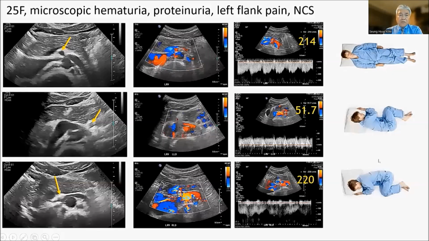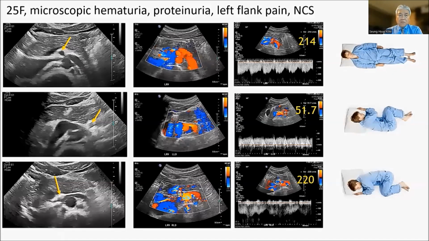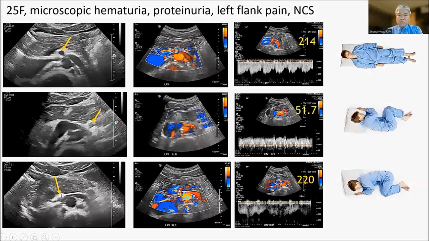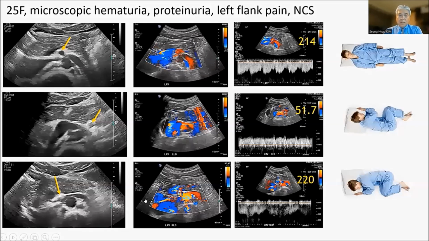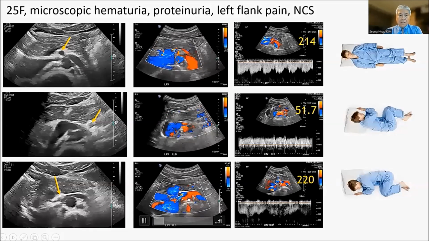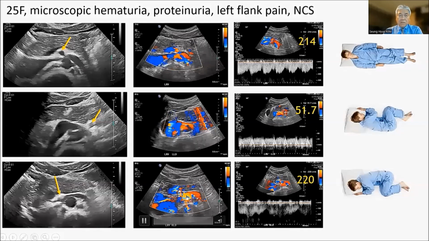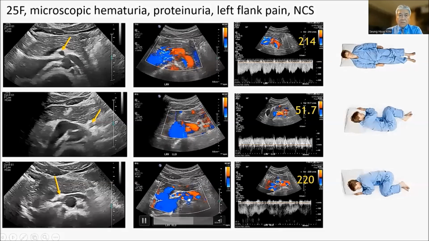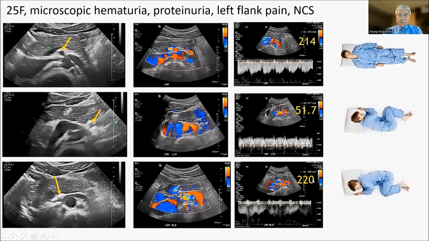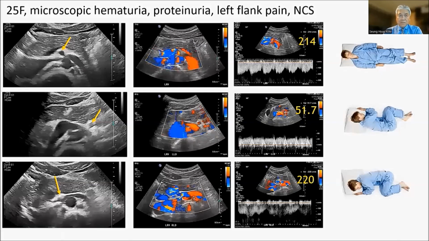And when the patient takes right lateral decubitus posture, the superior mesenteric artery moved back to the pre-aortic location, and the left renal vein is again tightly compressed between the abdominal aorta and superior mesenteric artery, and the peak flow velocity was 220 centimeters per second.